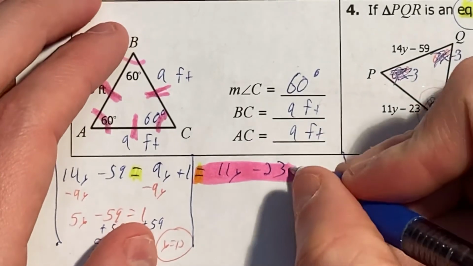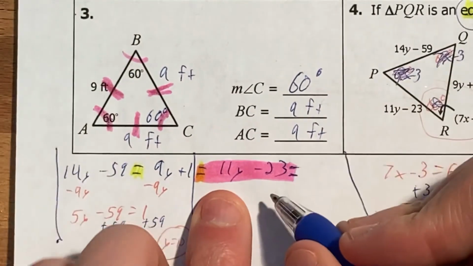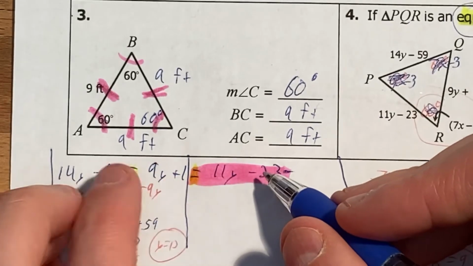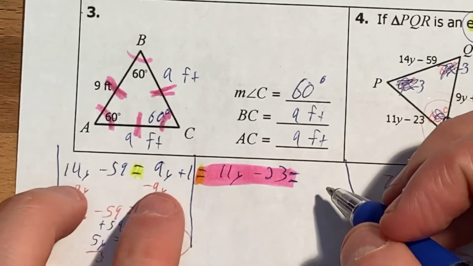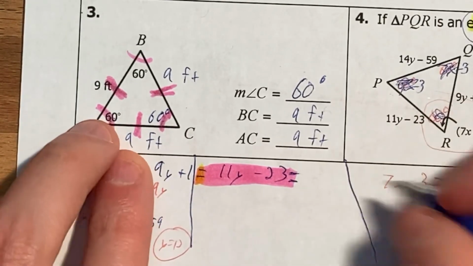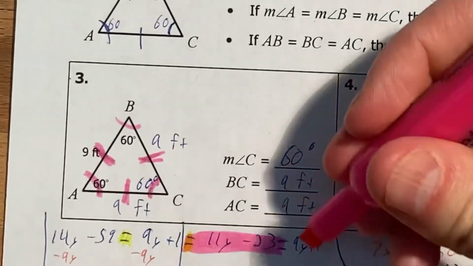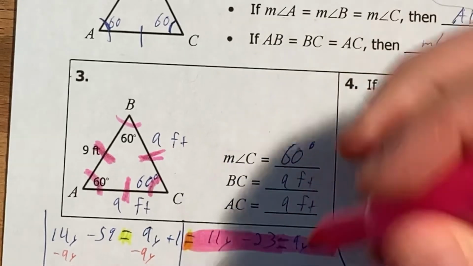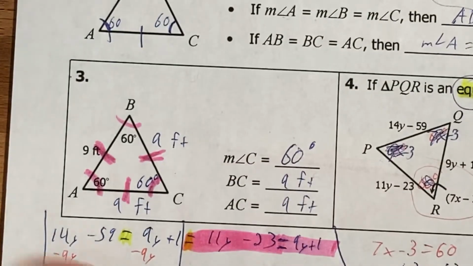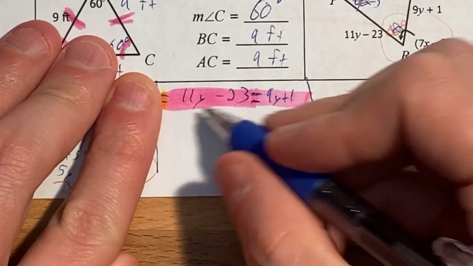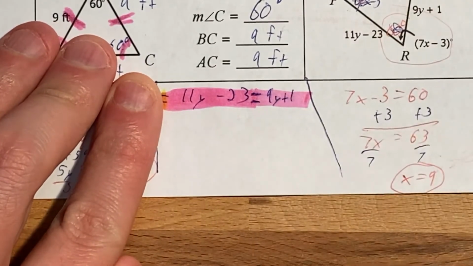Just to prove it, I'll do it here. I'll use this one, and then I'll just pick, I don't know, 9y plus 1. So now I'm going to be solving this equation in pink. There's still y's on both sides, so you would subtract 9y.